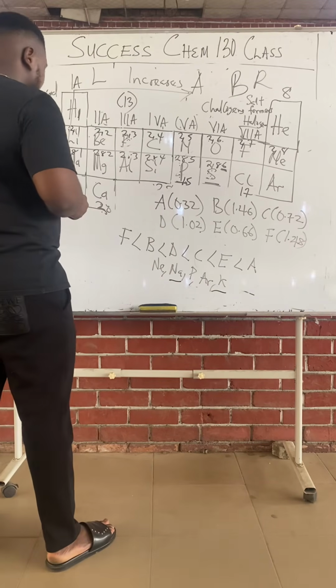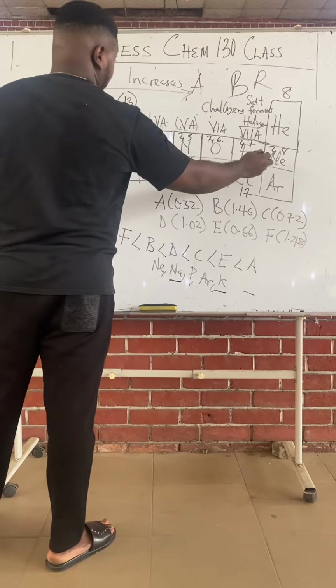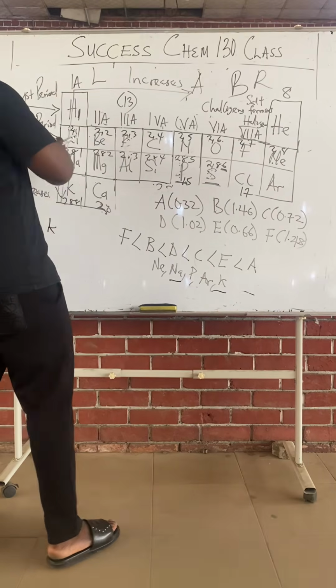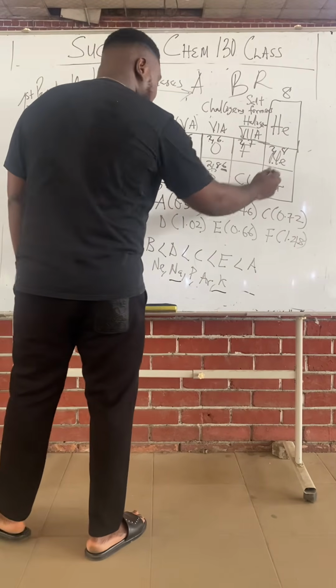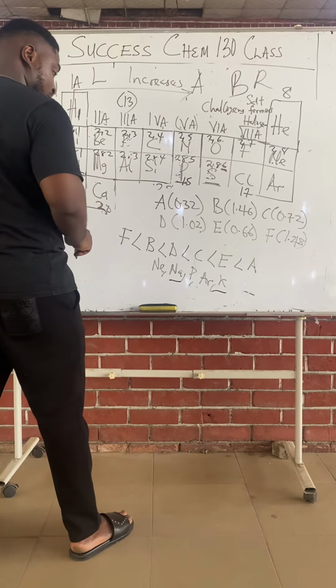Where's neon? Neon has a very high ionization what? As we go from left to right it's increasing, right? Neon has a very high ionization energy. Where's sodium? Where's phosphorus?